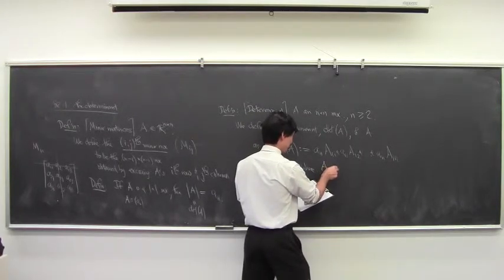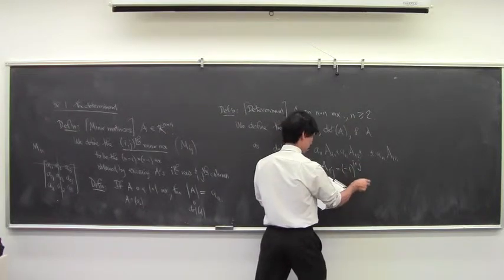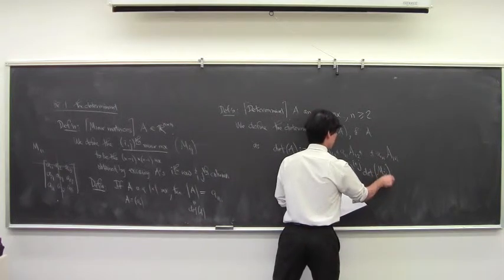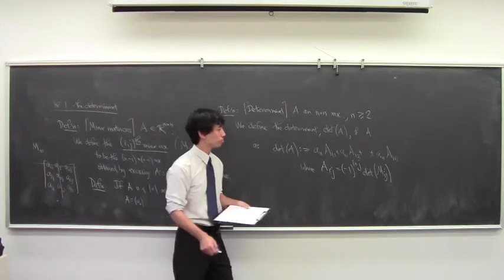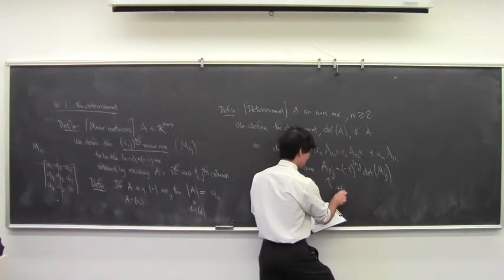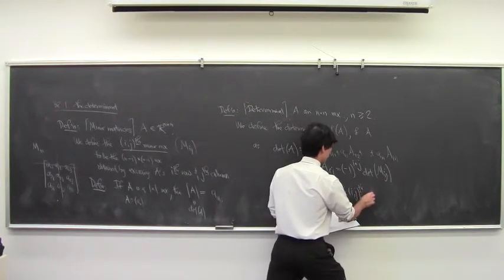Capital Aij is -1 to the i plus j times the determinant of the ij minor. And these things are called the ij cofactors.